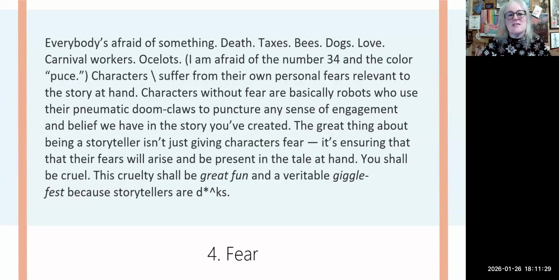But sometimes they're the only ones who know what the main character is afraid of. And so our characters need to have fear, right? Even if it's something that only you, the writer, know, you have to give it to them in their internal dialogue so the reader can be a part of that. They need to know that this is a real person.